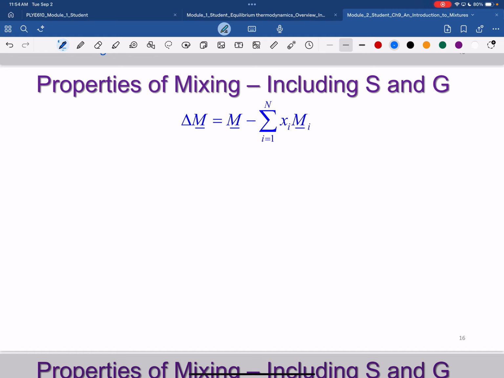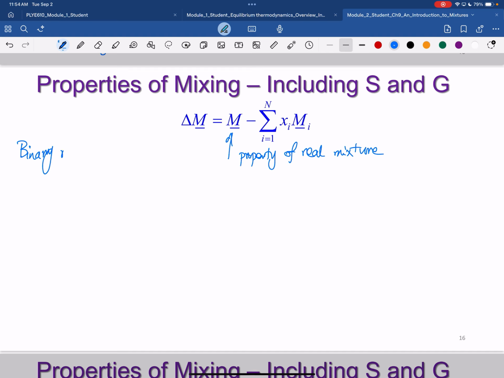Volume, enthalpy. And basically this characterizes the property of the real mixture minus the property of the individual components that you have. So let's write it for binary mixtures that we are considering in this class mostly.